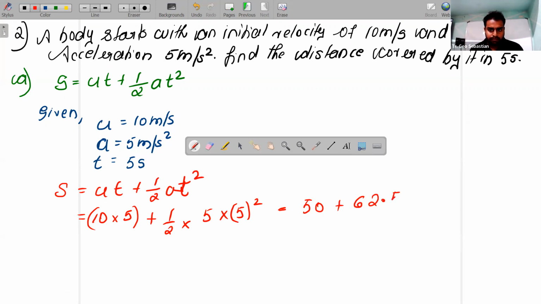So 62.5. You will get 112.5 meter. Got the answer? Fine. Everyone understood?